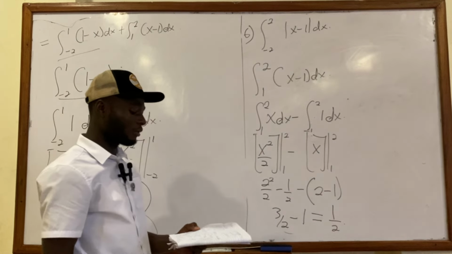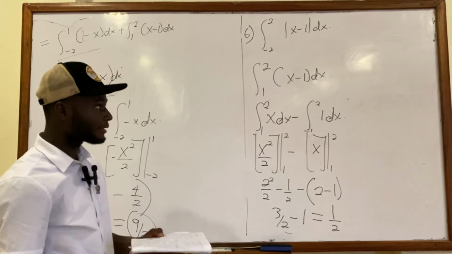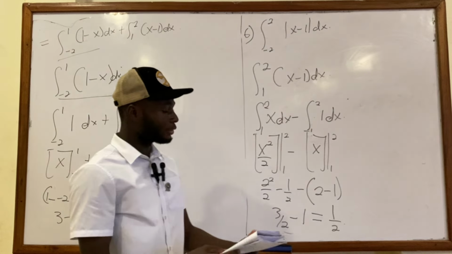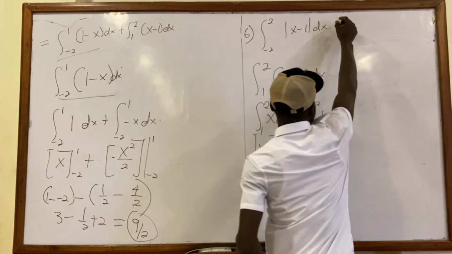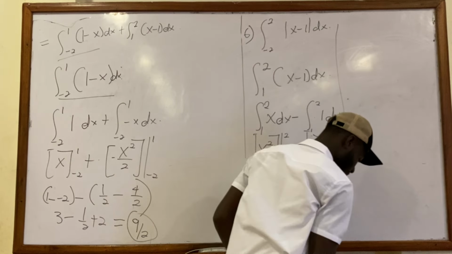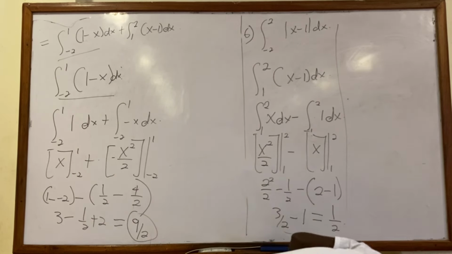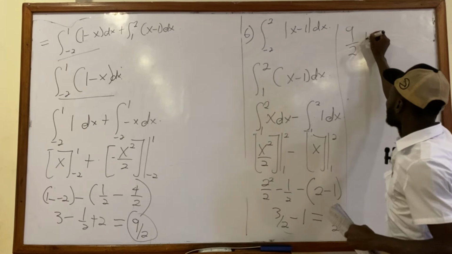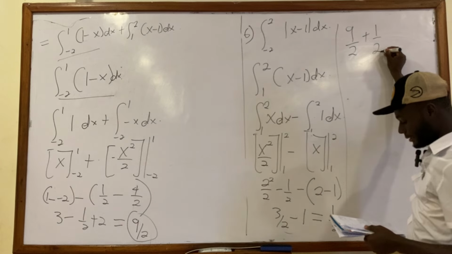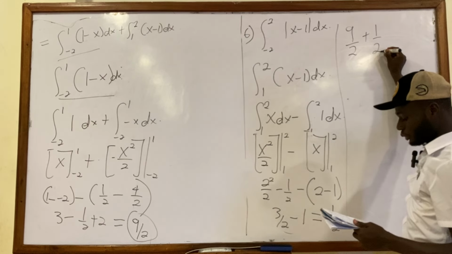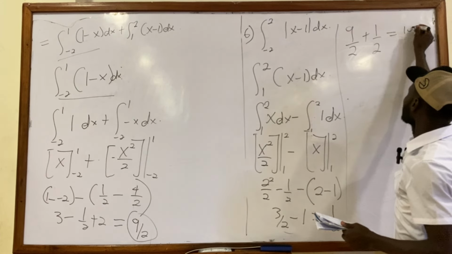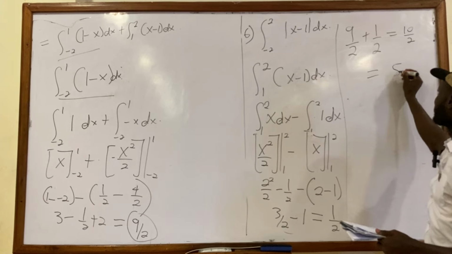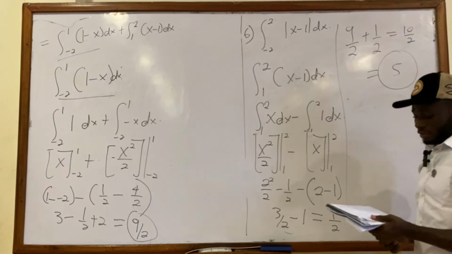So adding this result and this result, we are going to have 9 over 2 plus half. All right, and that is equal to 10 over 2, which is equal to 5.